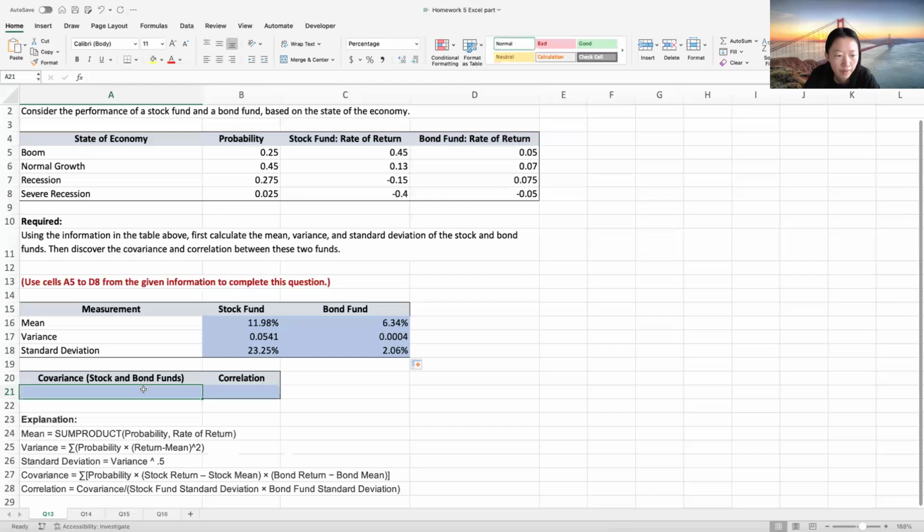So covariance equals the sum of probability times the deviation from mean for stock fund times the deviation from mean for bond fund.